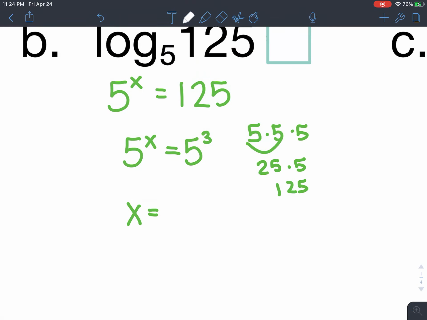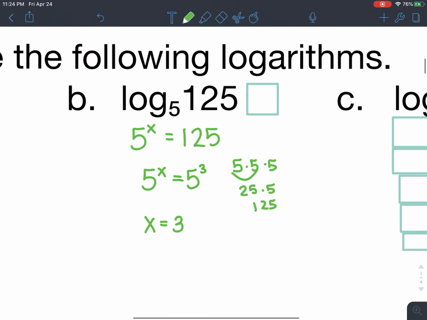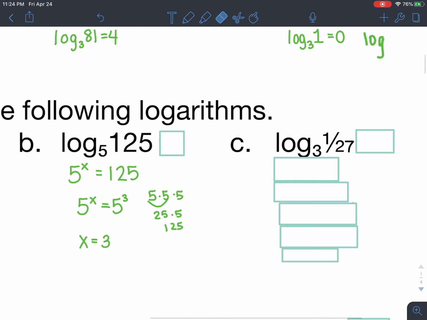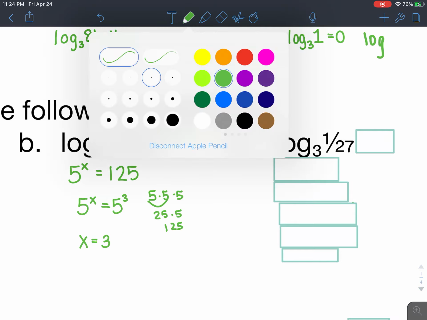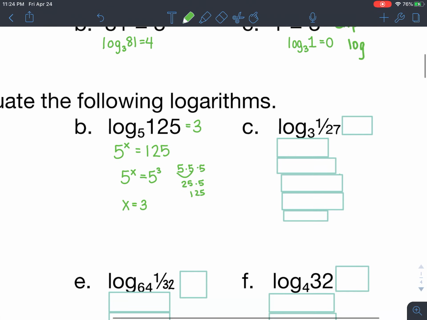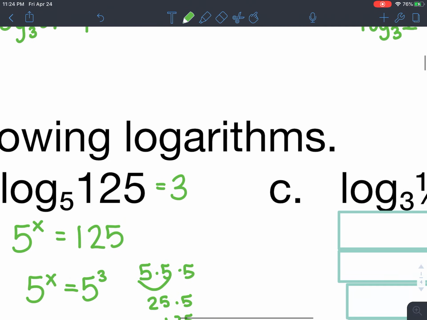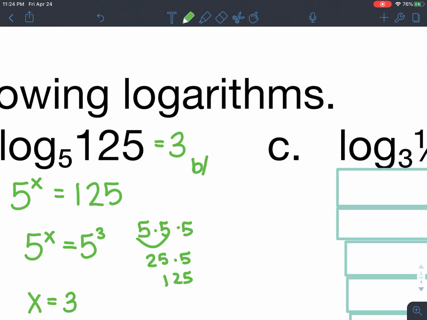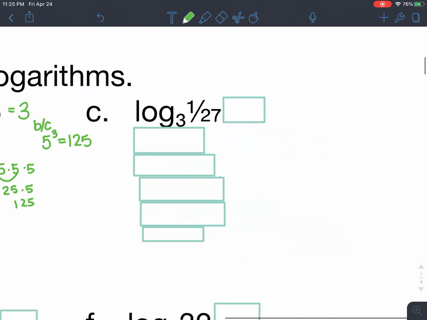It happens, right? So x is really 3. But remember, there is no x here. So log base 5 of 125 is 3, because 5 to the third equals 125.